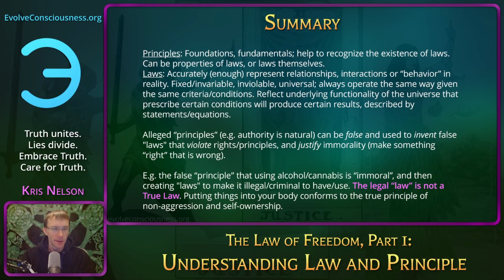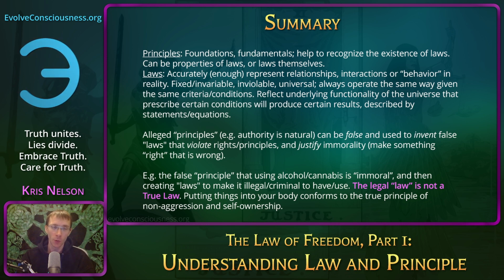Laws accurately enough represent relationships, interactions, or behaviors in reality. So accurately enough. Maybe we're going to be off by 0.00000000001% of how it actually works behind the scenes in reality, but it's good enough.